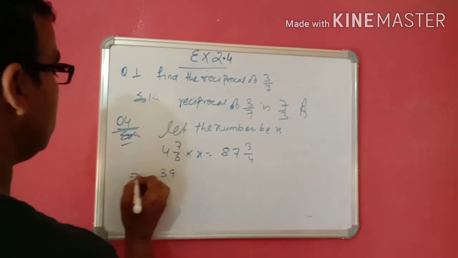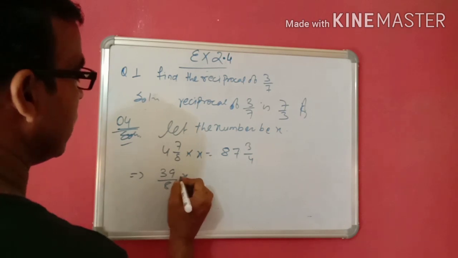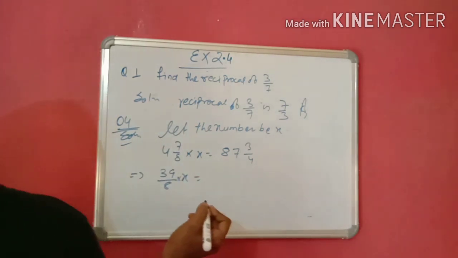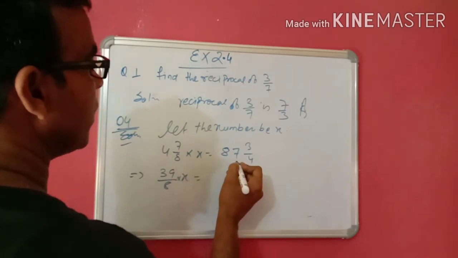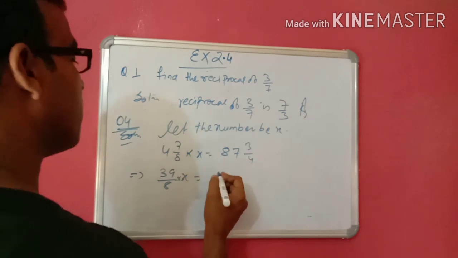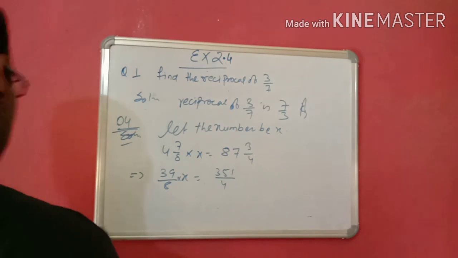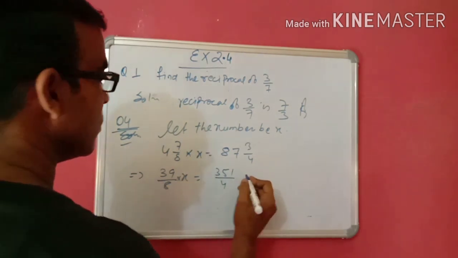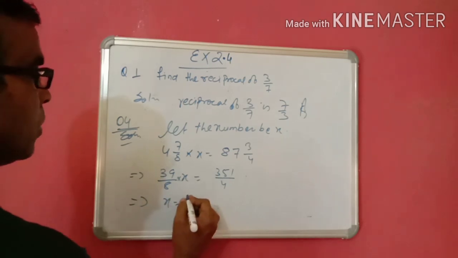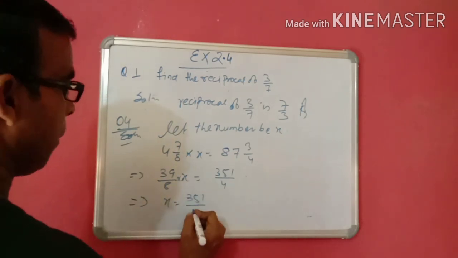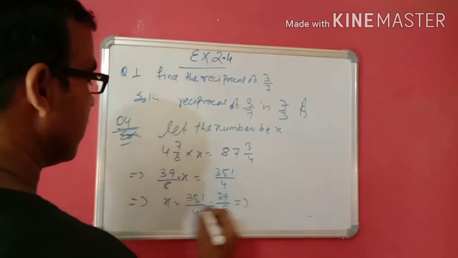So this will come 39 by 8 into x, and this will be 8 times 87 is 696, and 3 by 4... 351 by 4. Therefore x equals 351 by 4 divided by 39 by 8.